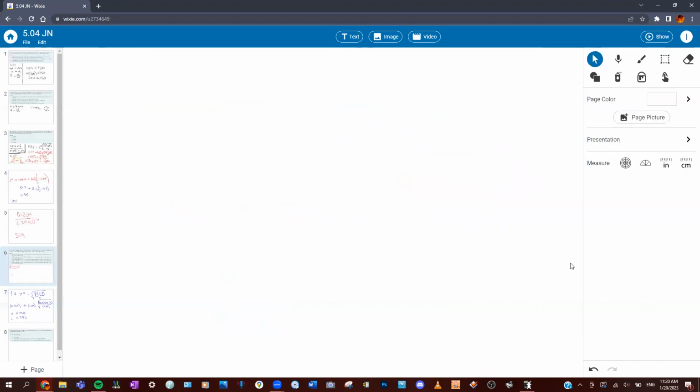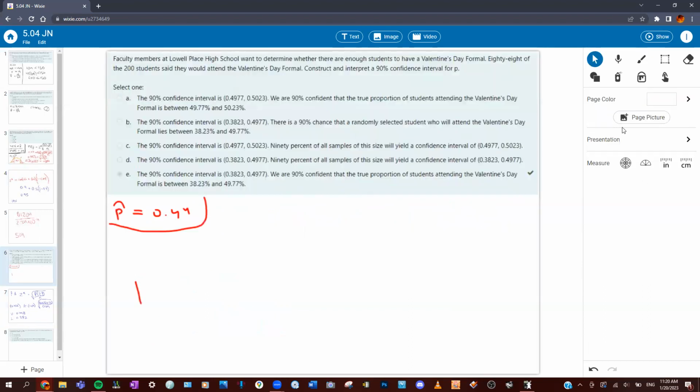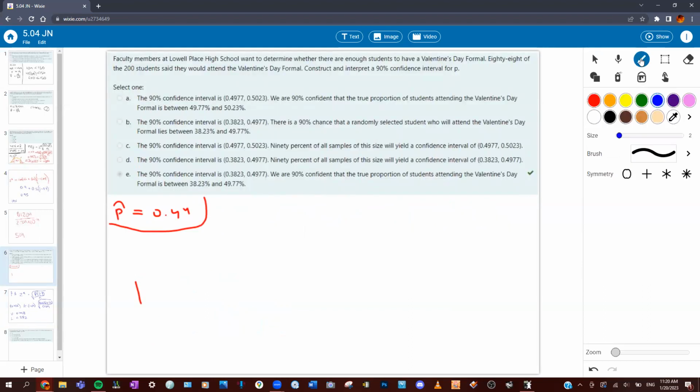And so that's our answer, and that's what E says. And notice that it is not any of the ones that say chance. So definitely not B. We are 90% confident. We should know that it's either A or E, and obviously it's E because that's the numbers we got.